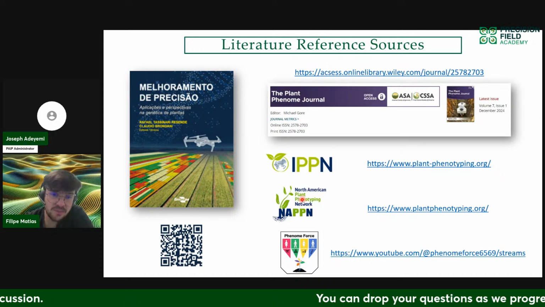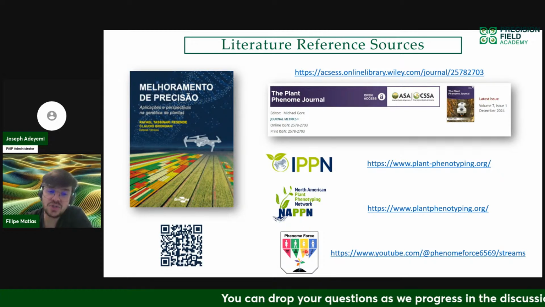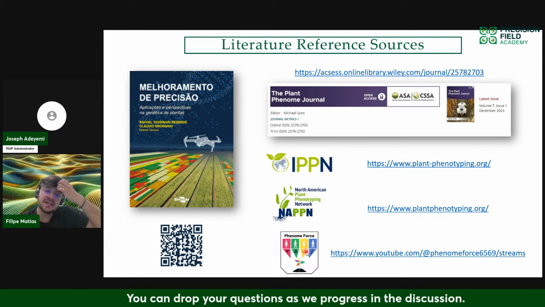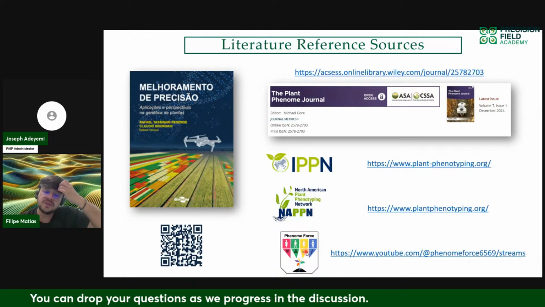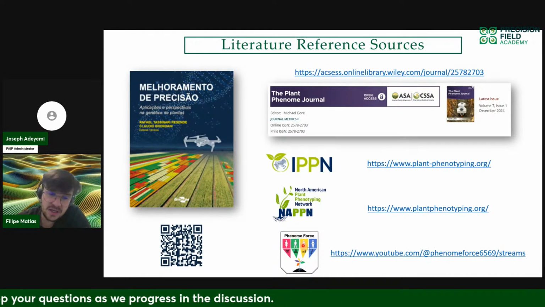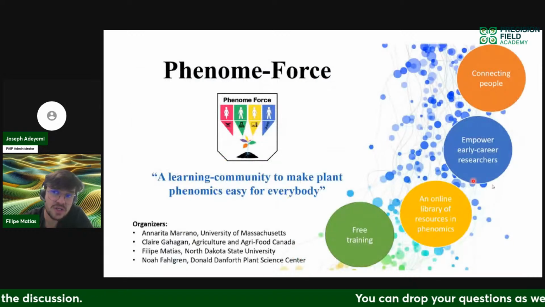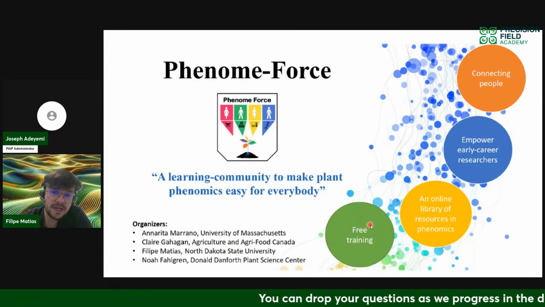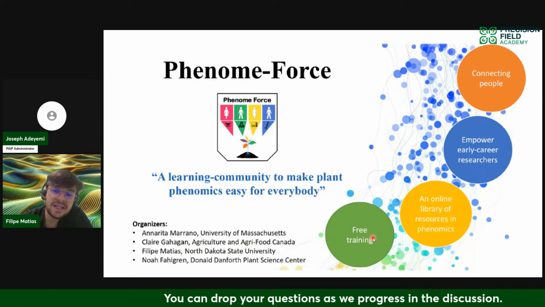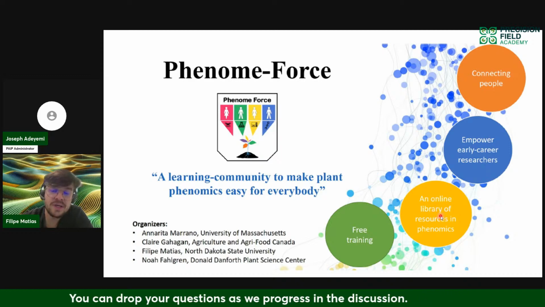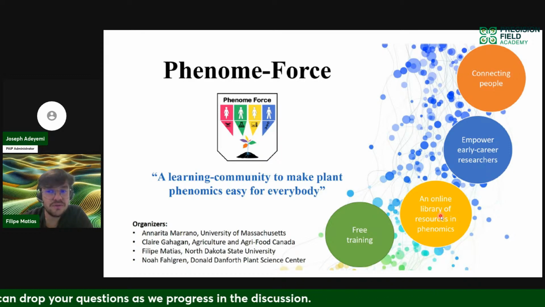The North America Plant Phenotyping Network, and also the group that I have been leading in these last few years, which is called Phenom Force. Phenom Force is an online platform that provides free training, a library of many different resources on phenomics.